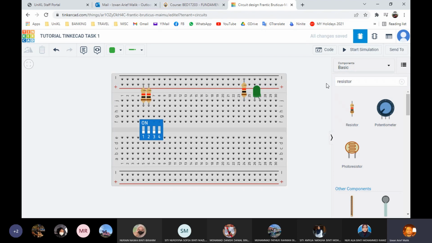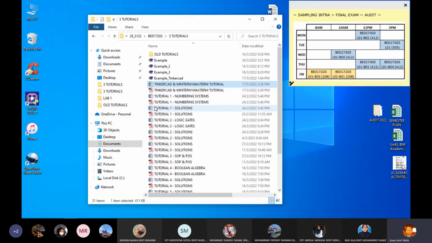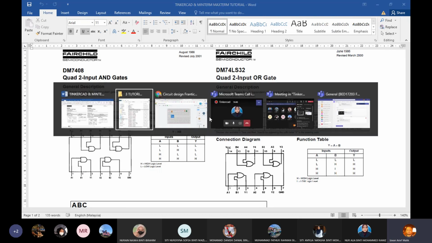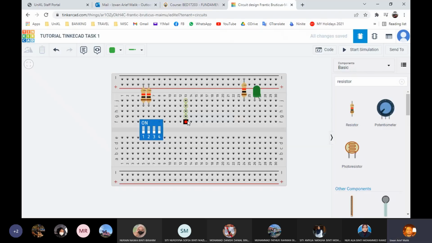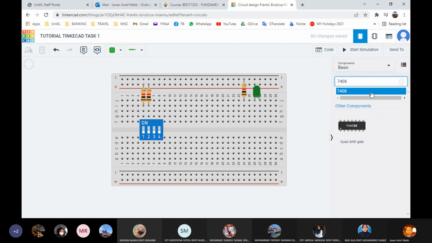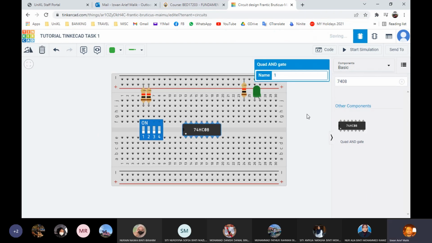And then we look for our IC. The first one I want to build is the AND gate, the 7408. Quad AND gate, click and place it anywhere. Okay, this is good.